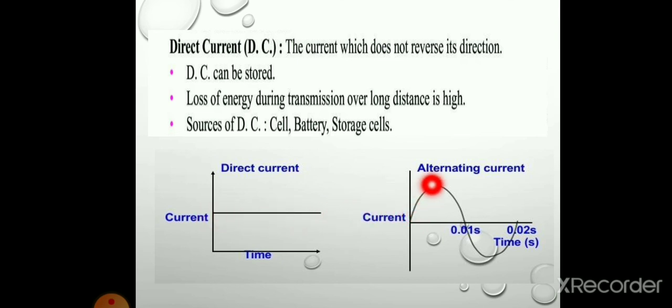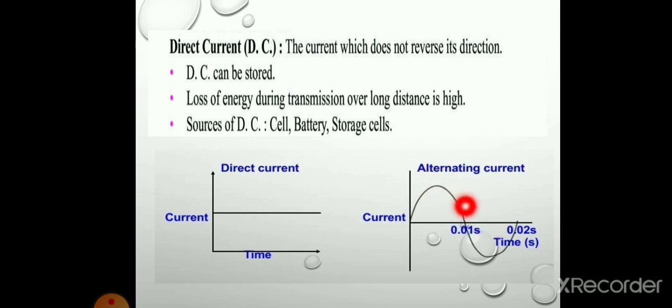But here you can see it changes every 0.01 second. In the first 0.01 second, the current completes half a cycle, and in the next half cycle the current reverses. So in alternating current, for one revolution the current reverses twice.